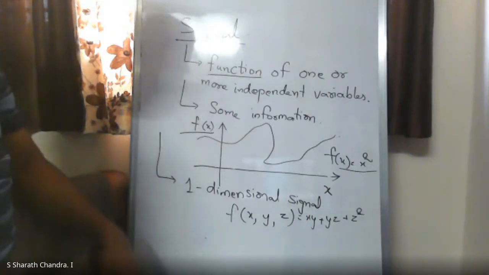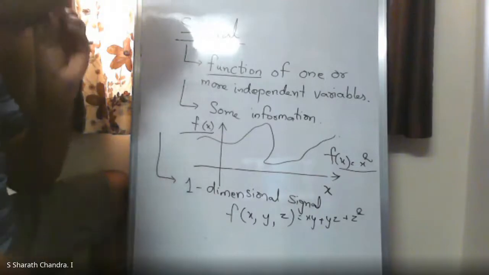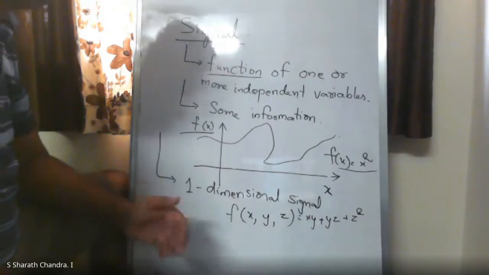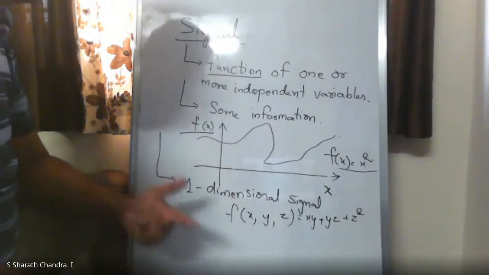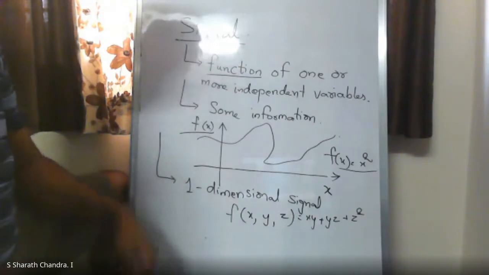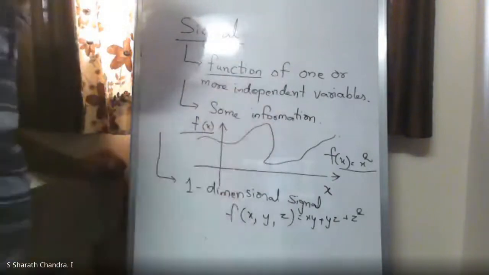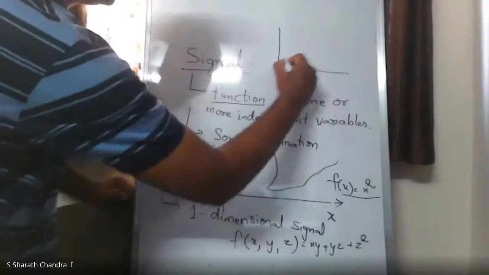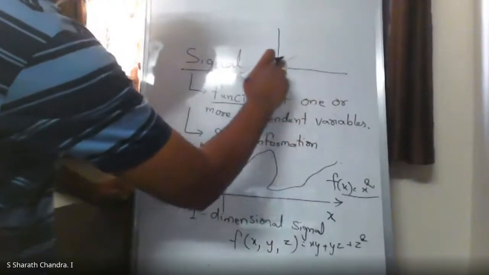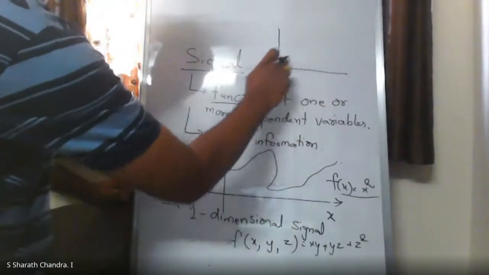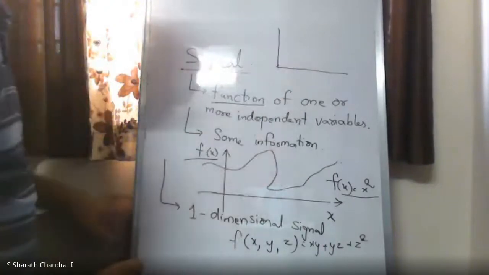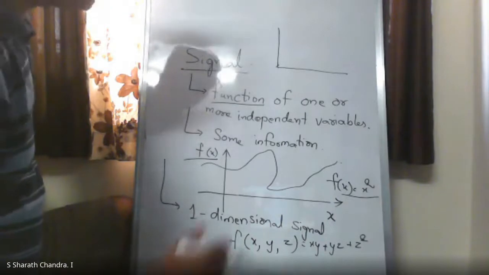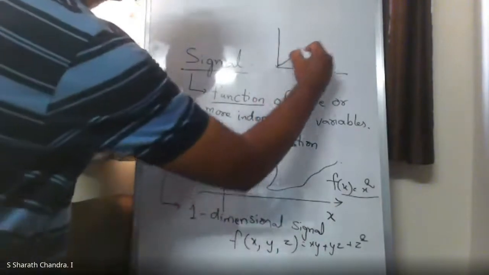Similarly, a picture or a photograph that we generally see can be considered a two-dimensional signal, because a photograph depends upon two variables such as x and y, which are the spatial coordinates.